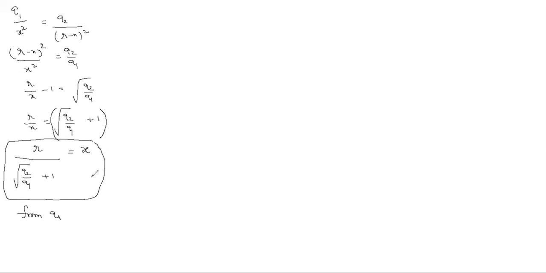So take your numericals. Suppose, for example, without using pen and paper, you can say the answer for this question. Suppose this is 1 microcoulomb and this is 4 microcoulomb. The total separation between them is say 12 centimeters.